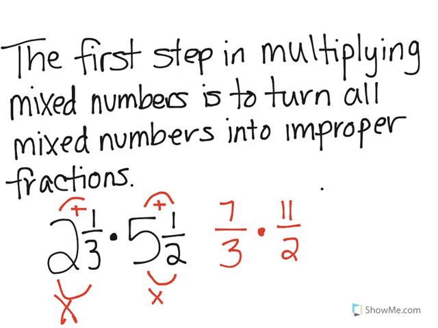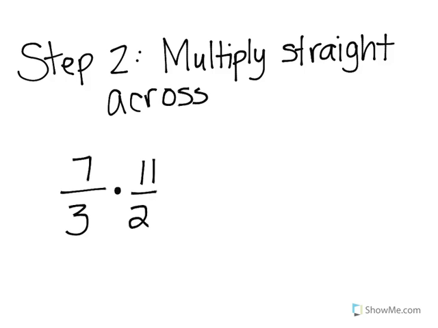That is the first step, rewriting your fractions. Step 2 is multiplying straight across. So we have 7 times 11 is 77 over 3 times 2 is 6.